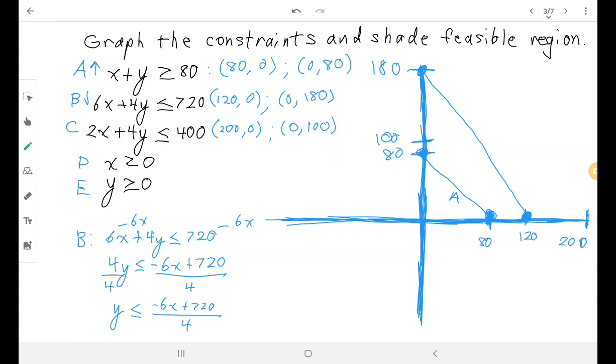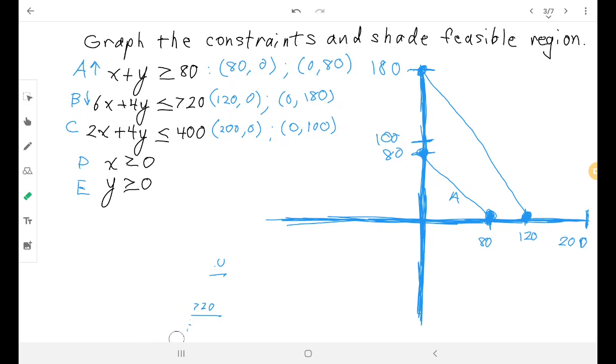I'm only concerned with the fact that I'll be shading down. That is, I'll start at the line and I will shade down. And notice that now we're getting like a corridor, like a tunnel.